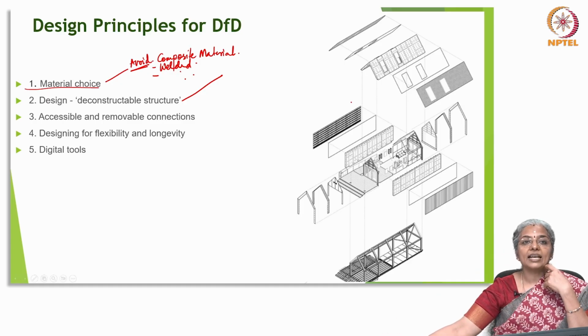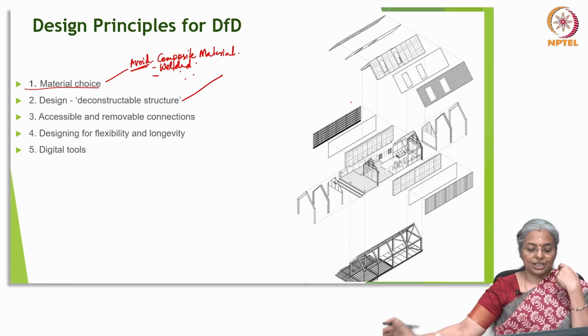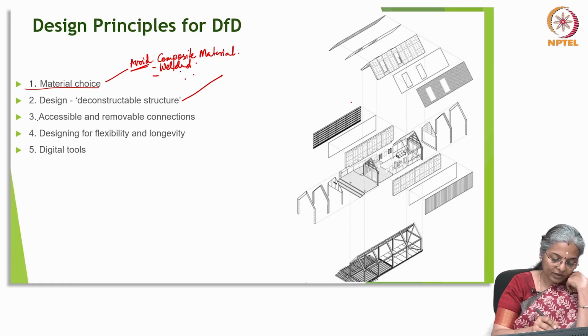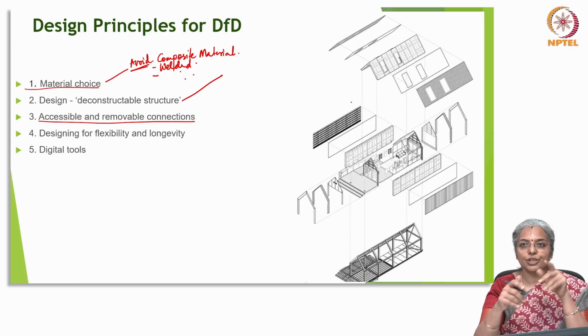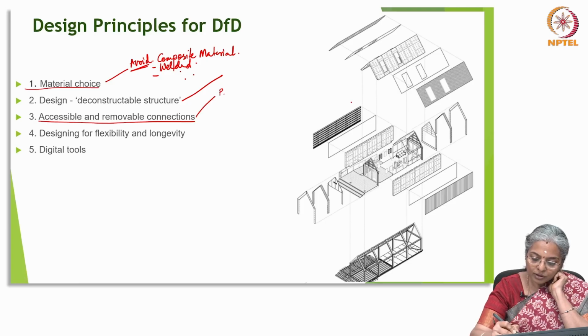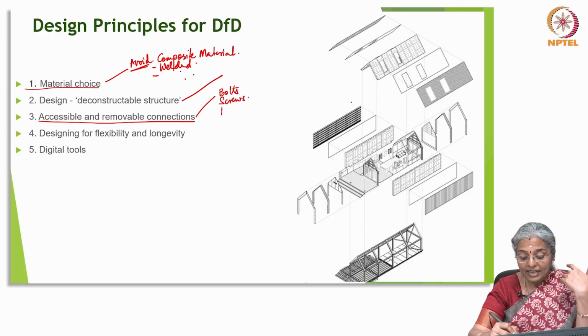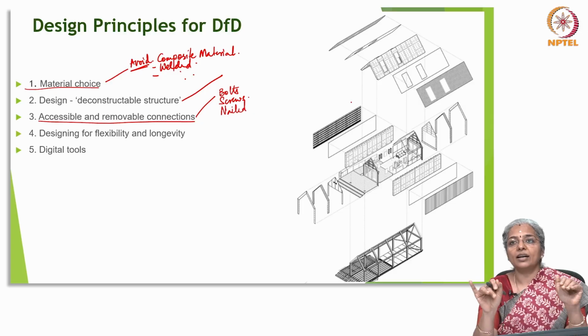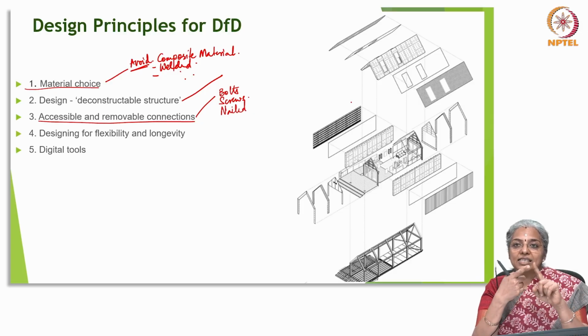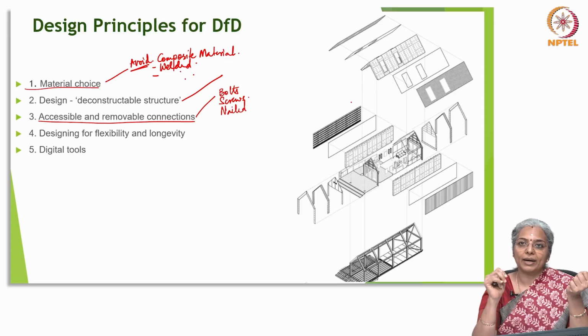Then third is accessible and removable connections. So, this is the third one, accessible and removable connections. So, we should use bolts, screws and nailed connections most of the times or most of the places. And what are the don'ts? The don'ts are chemical adhesives, sealants, binders or any jointing that needs specialist tools or specialist equipment.